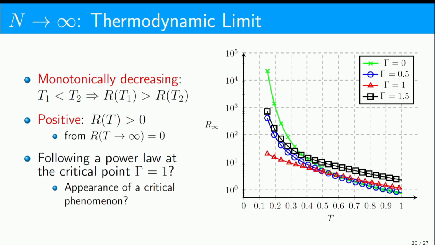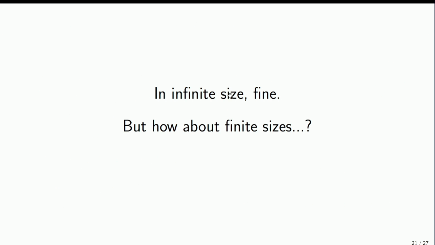Except for the quantum phase transition point, it seems that the scalar curvature follows a power law, so we have a piece of information on the quantum phase transition here. So in infinite size, the monotonicity seems fine, but how about finite sizes?